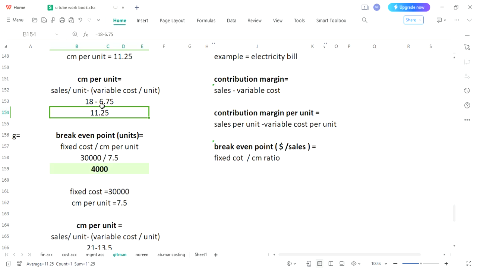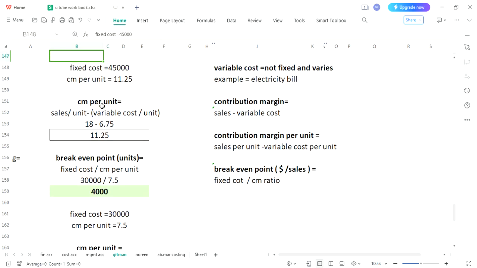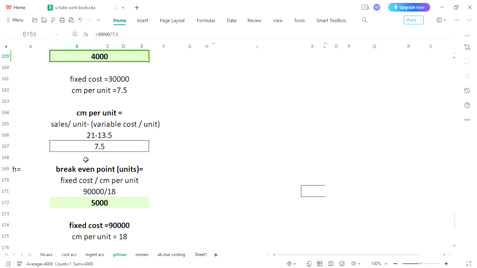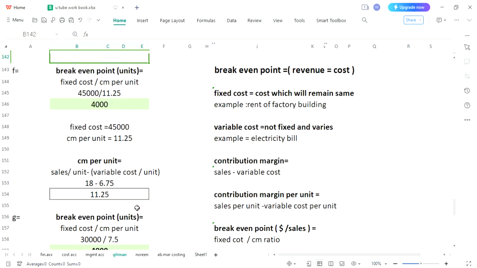So from here you can see that there were three firms. This was your firm F, and you have calculated 4,000. Then you have your G firm, you have calculated 4,000. Then you have H firm, and for that 5,000 has been calculated. Now what I was saying, if you were here to see this lecture only for the solution of question, then just consider that lecture is over. You have your solution.